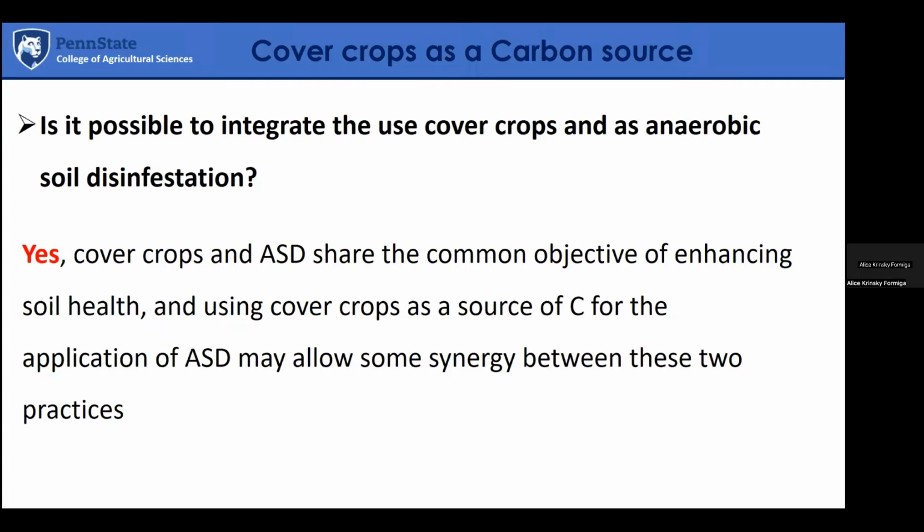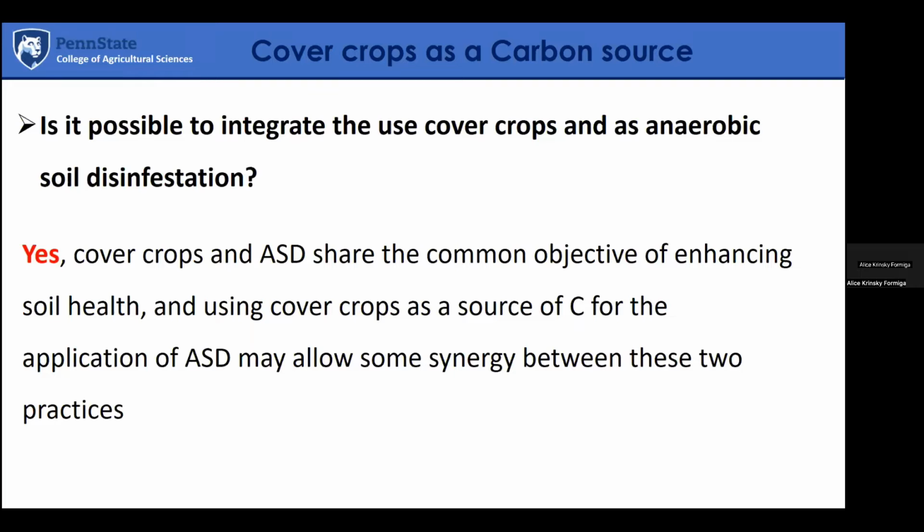An example that I can give is, if we are trying to control weeds with anaerobic soil disinfestation because we had a weed issue, we could select a cover crop that, while growing, is already having an effect in reducing the infestation of a specific weed or a group of weeds.